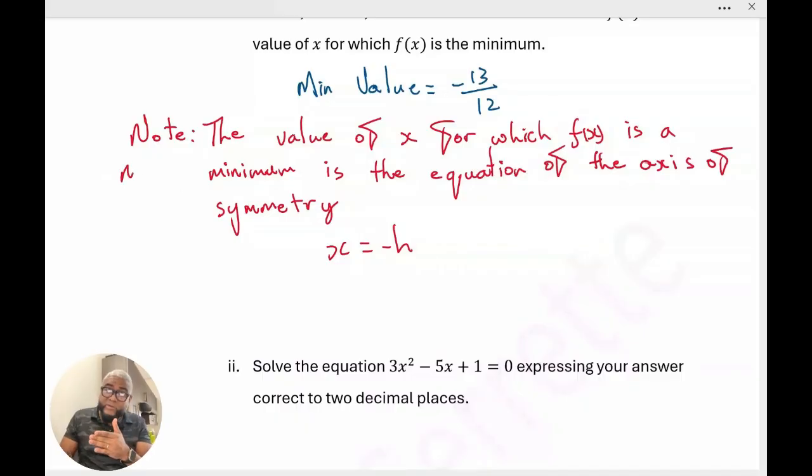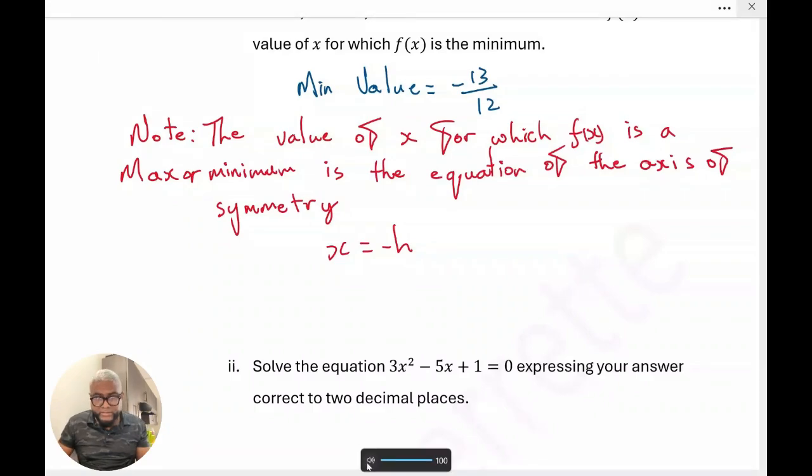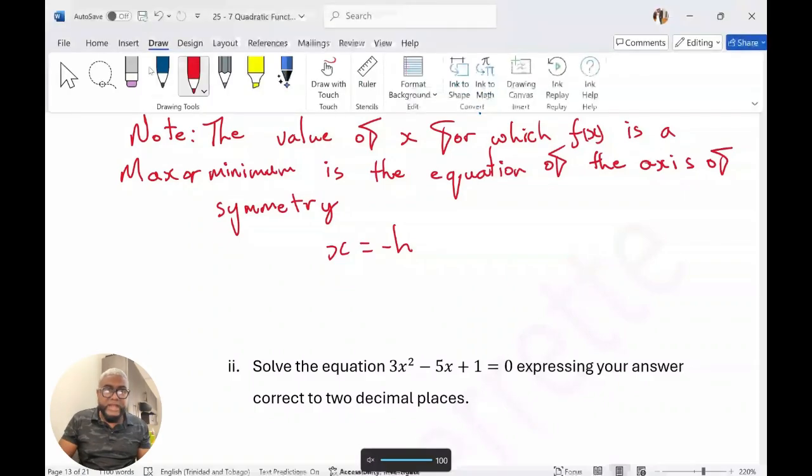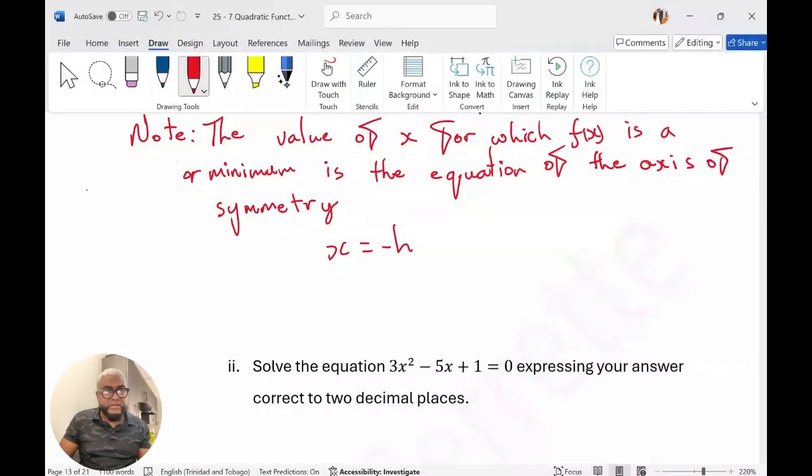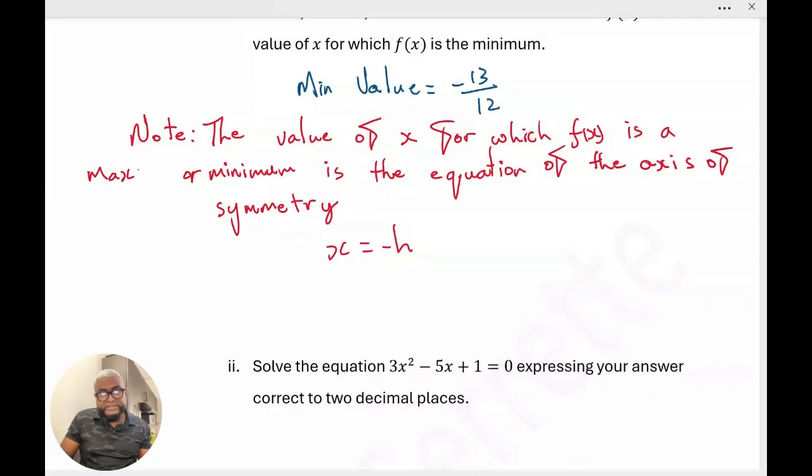Actually, it's maximum or minimum, eh? It's not just minimum alone. Maximum or minimum, for which f of x is a maximum or minimum, right? All right, so that word. Let's put this in somewhere. You can put it before or after minimum.